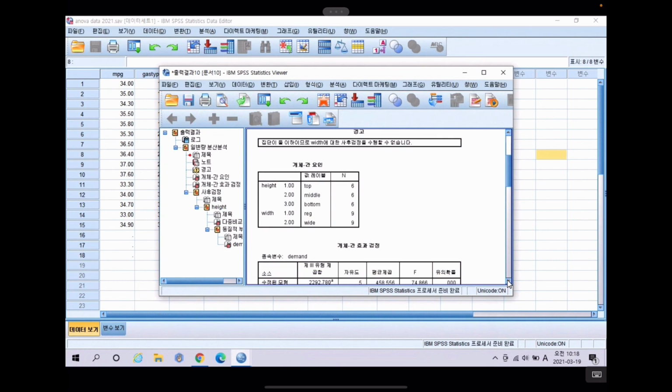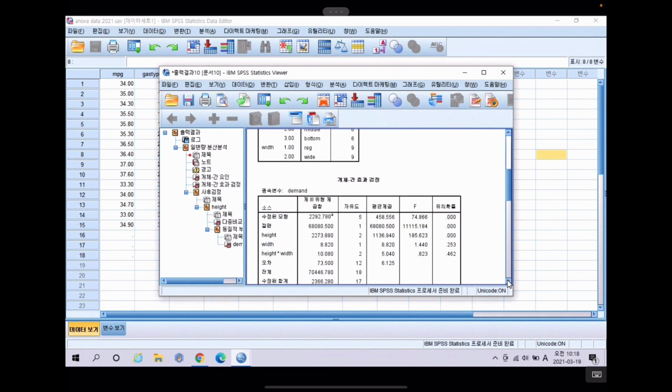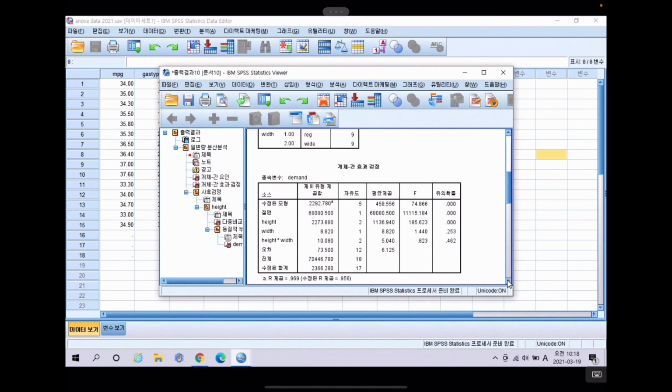So in this case, you have height here, and p-values, and the width here, and these are the interaction effect, height times width. In this case, obviously you cannot reject the null hypothesis, so that means there is no interaction effect. So you need to go through the hypothesis testing for each individual factor.